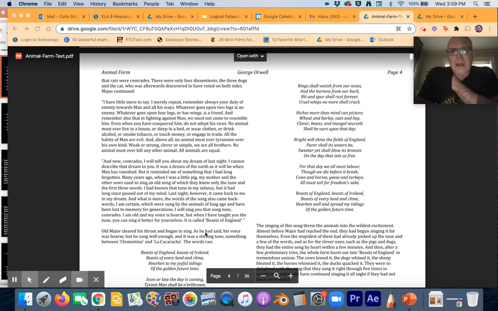Bit and spur shall rust forever, cruel whips no more shall crack. Riches more than mind can picture, wheat and barley, oats and hay, clover, beans, and mangel-wurzels shall be ours upon that day. Bright will shine the fields of England, purer shall its waters be, sweeter yet shall blow its breezes on the day that sets us free.